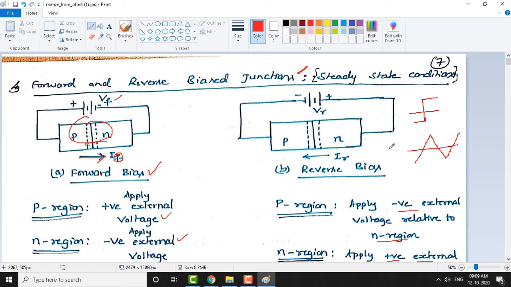This is a triangular waveform. This is a step waveform. If you are analyzing the diode behavior for these kinds of pulses, step input or triangular input or even sinusoidal, all this behavior we call transient conditions.